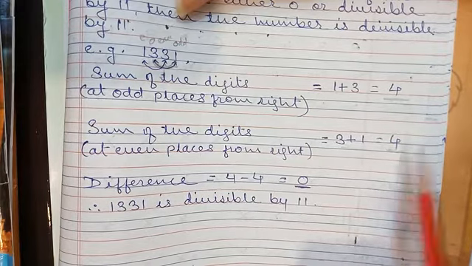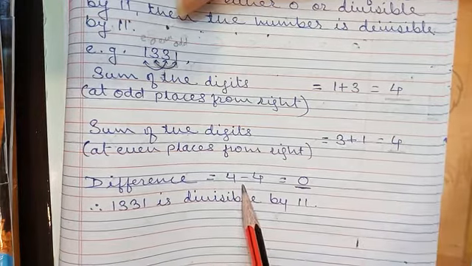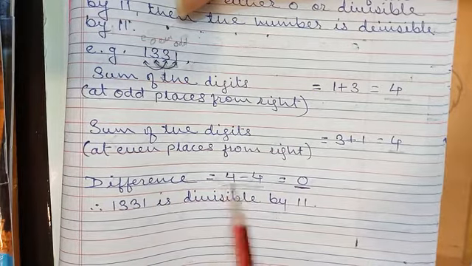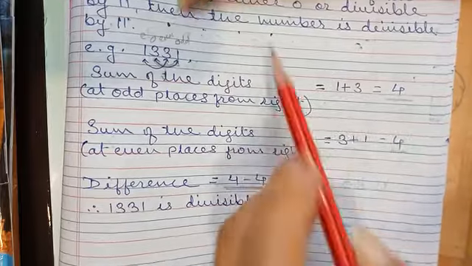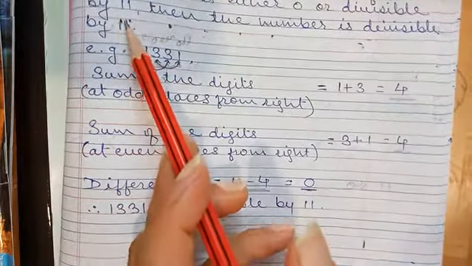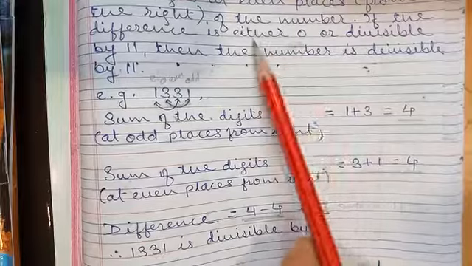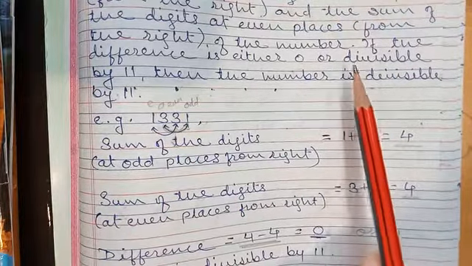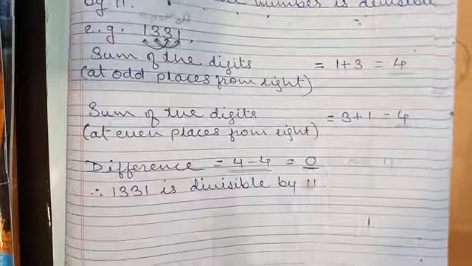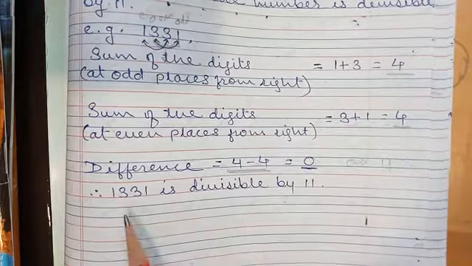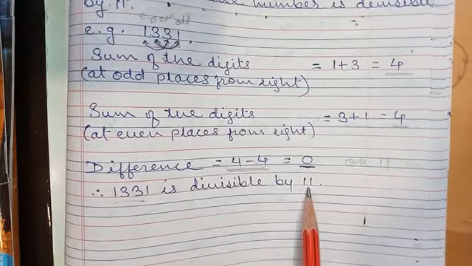When we take the difference of these two, the difference should be 0 or divisible by 11. Yes, it says in the definition that the difference should be either 0 or divisible by 11. Okay, so we get the difference as 0, so this number is divisible by 11.